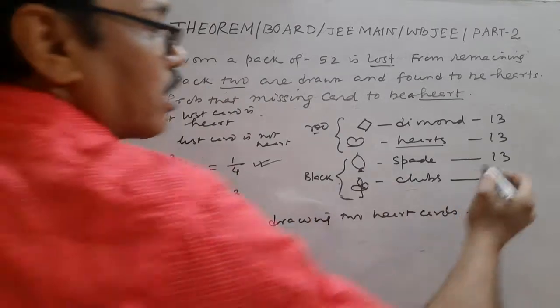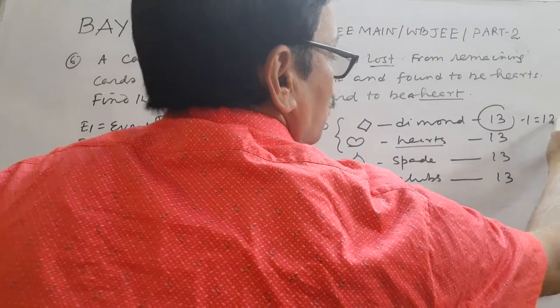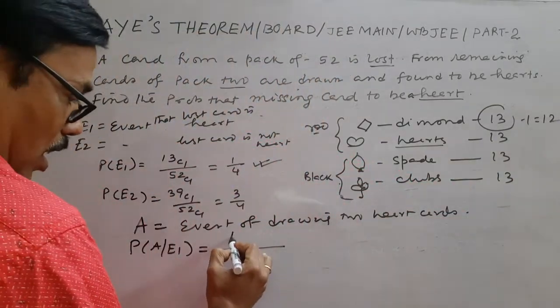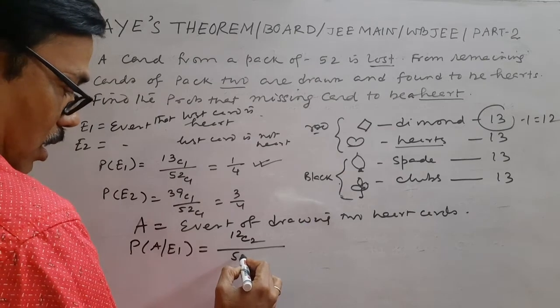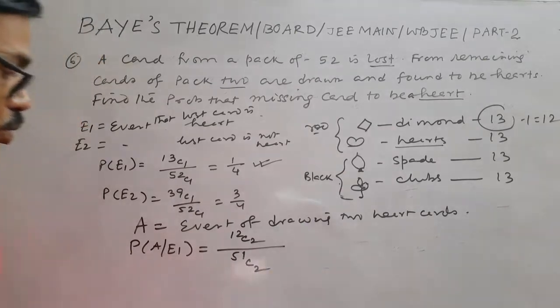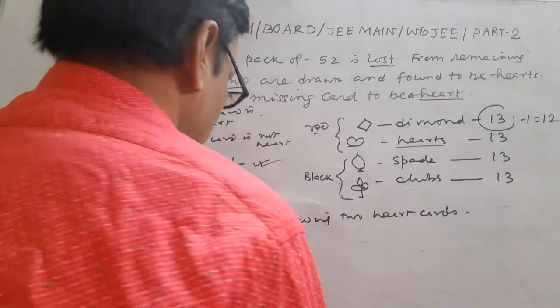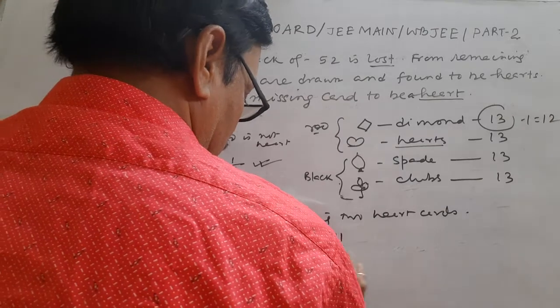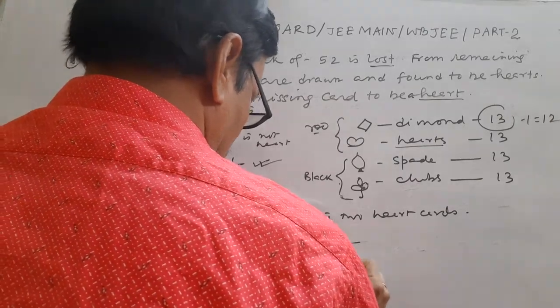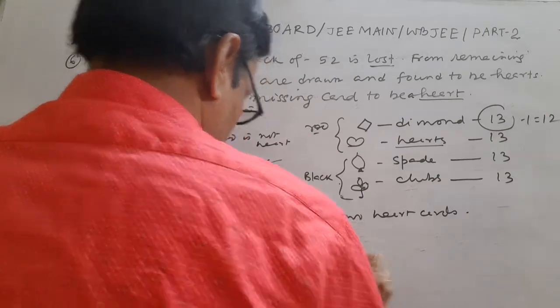So total hearts 13, 1 lost, so 13 minus 1, this is 12. So from 12 you have to take 2: 12C2 by 51C2. So this is 12 into 11 and this is 51 into 50.